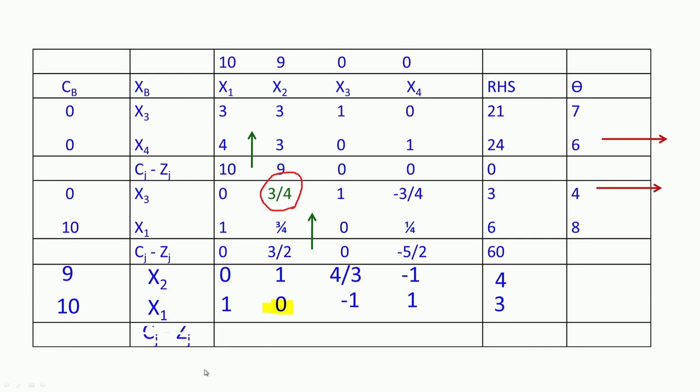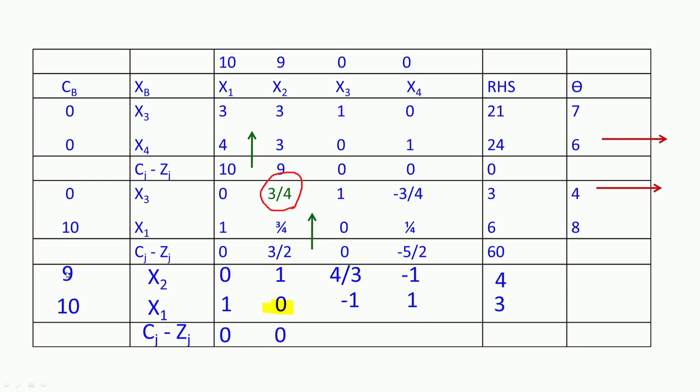Now we compute Cj minus Zj. So for the first one, 9 into 0 plus 10 into 1 is 10, so 10 minus 10 is 0. For the second one, 9 into 1 plus 10 into 0 is 9, 9 minus 9 is 0.